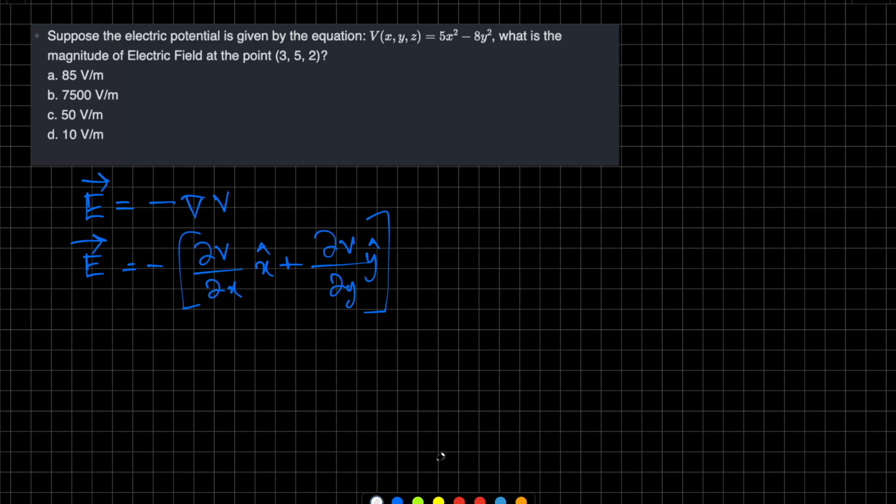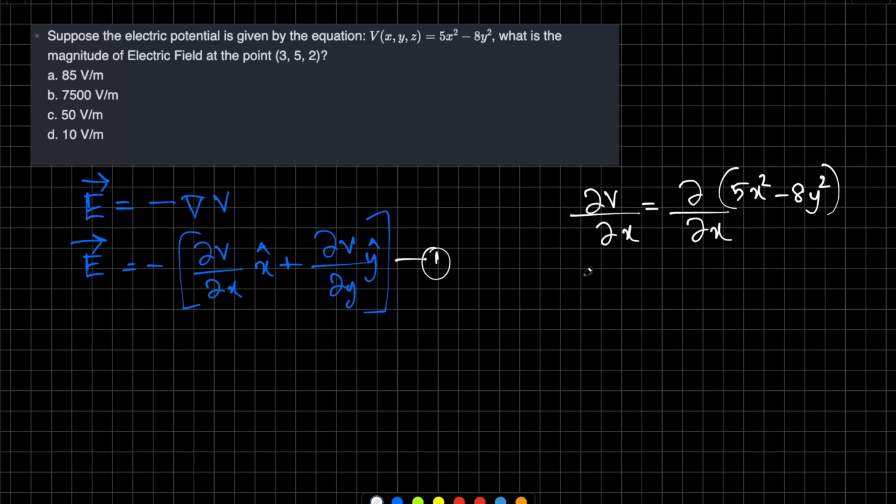Okay, so let's find dou V over dou x. Let's call this equation number 1. Dou V over dou x is dou by dou x of 5x square minus 8y square, which is dou by dou x of 5x square minus dou by dou x of 8y square.